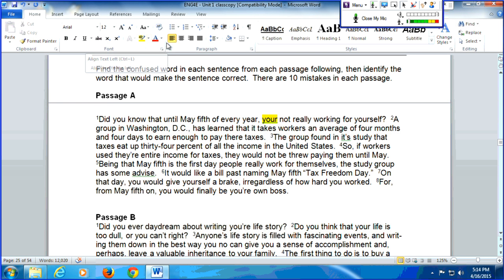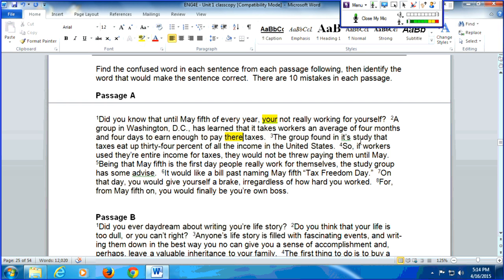It goes on to say, a group in Washington, D.C. has learned that it takes workers an average of 4 months and 4 days to earn enough to pay their taxes. Now this there, it's the wrong there.